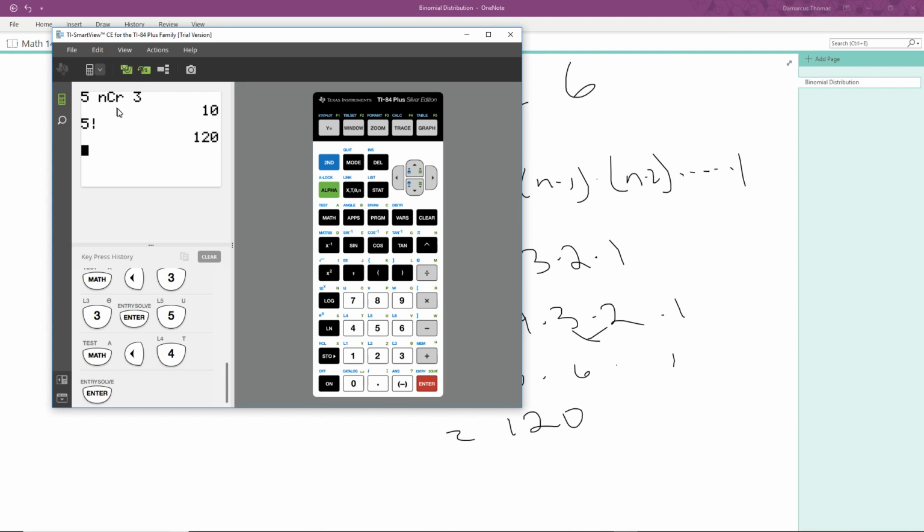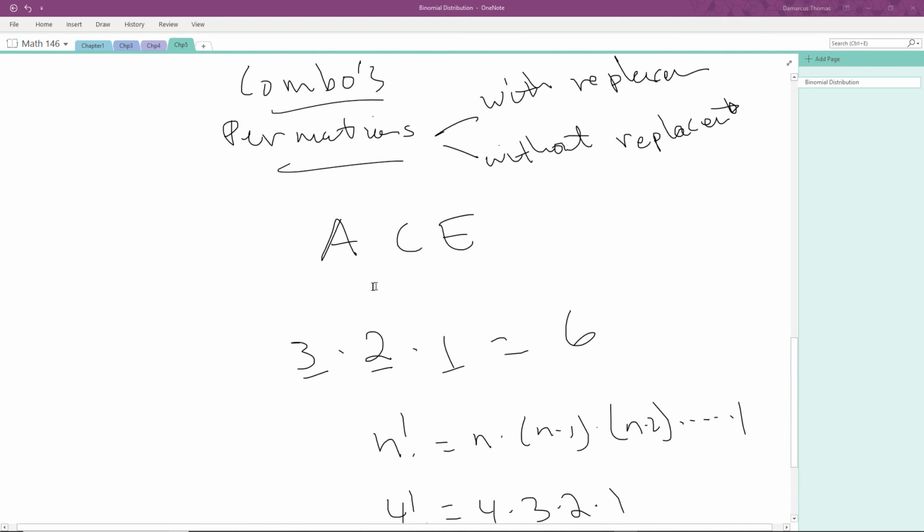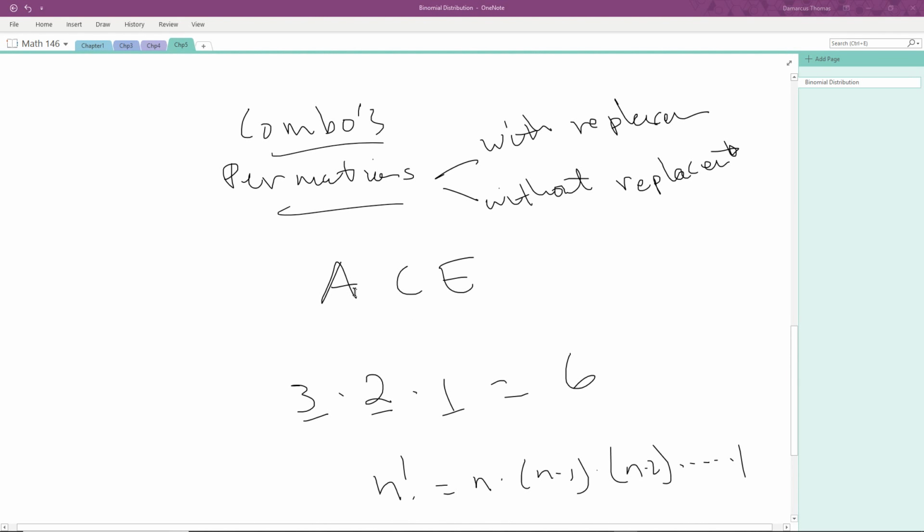So there's a way to derive this combination formula, but it does come from factorial. Permutation, on the other hand, again, this would be a permutation problem if I did this problem as permutation. I would do 3P3.